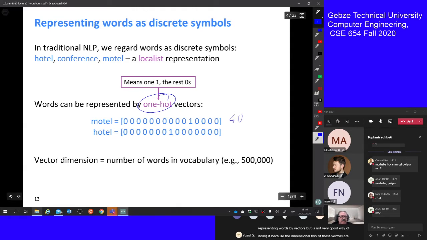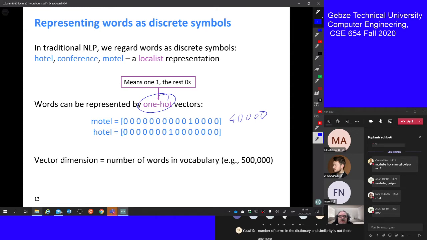It's going to be maybe 40,000, again the number of terms in the dictionary. And similarity is not there. Motel and hotel should be very similar, but I don't see any similarity. If I take the difference between them, the difference between hotel and motel is the same as the difference between hotel and cat, right?